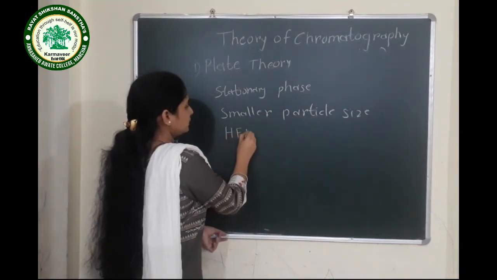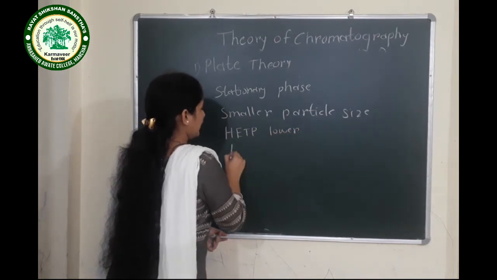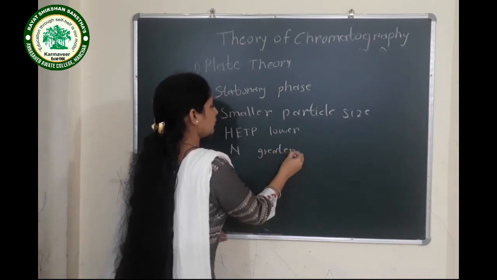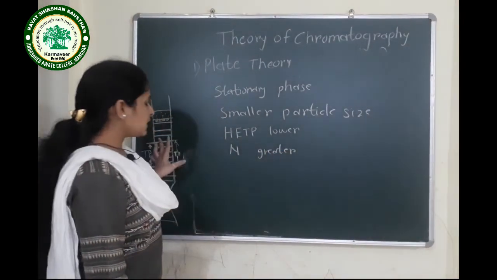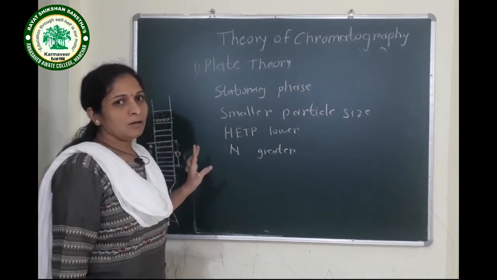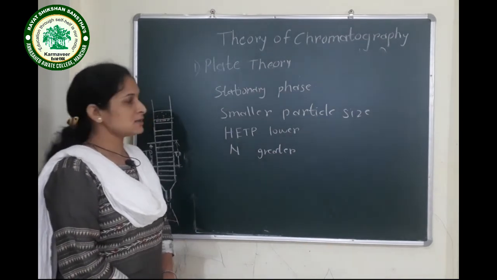HTP will be lower and N will be greater. That's why the particle size in the column should be very small. The stationary phase should be of very small particle size.